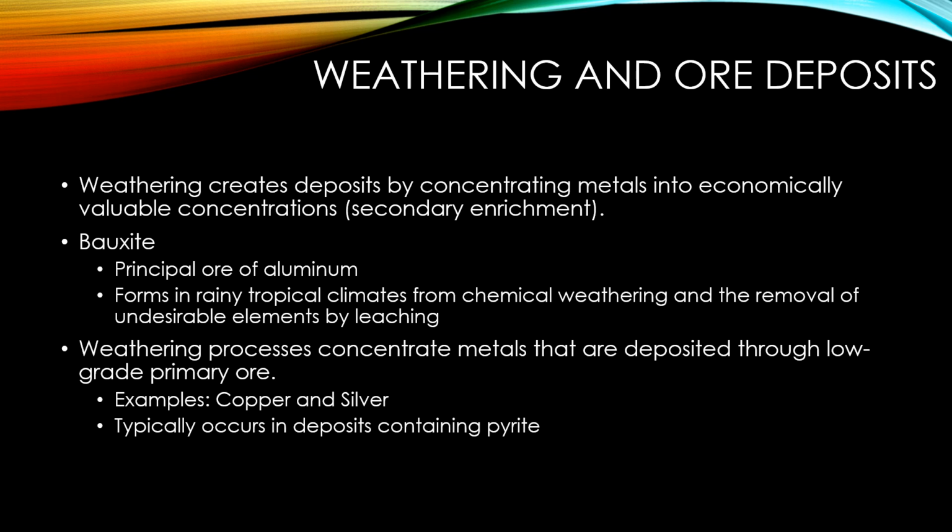And then there are also instances where weathering processes concentrate metals that are deposited through low-grade primary ore. Common examples of this are copper and silver, which are obviously both pretty useful to humans as well. This process typically occurs in deposits containing pyrite.